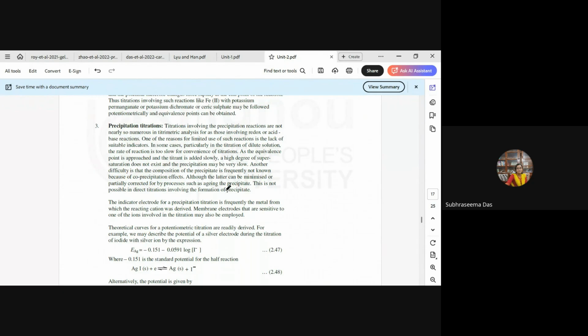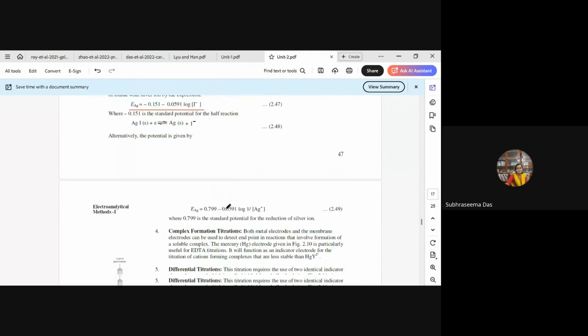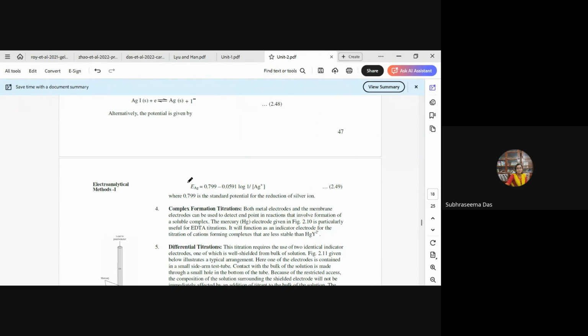However, the indicator electrode is mostly the metal which reacts. Here the theoretical curves for potentiometric titrations are derived. For example, we can take a silver electrode. The E of Ag is written here. Alternatively, the E of Ag can also be found from equation 2.49.